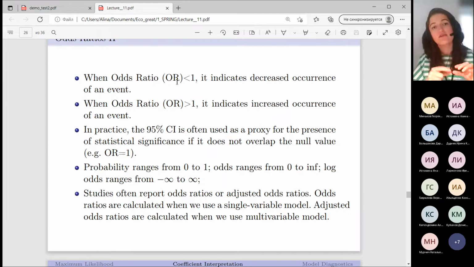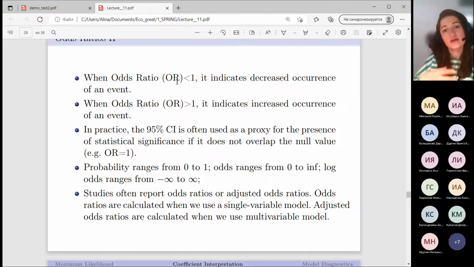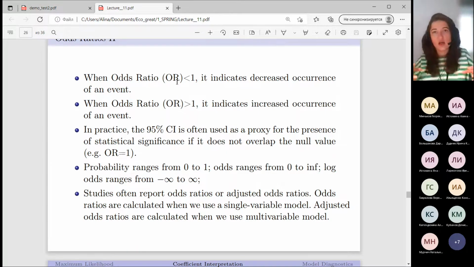If you obtain an odds ratio higher than 1, it indicates a positive effect or increased occurrence of an event. And also, if the 95% confidence interval includes 1, it means that your effect is not significant. So it is absolutely the same logic as when we use the 0 in the ordinary least squares method in the linear regression model.